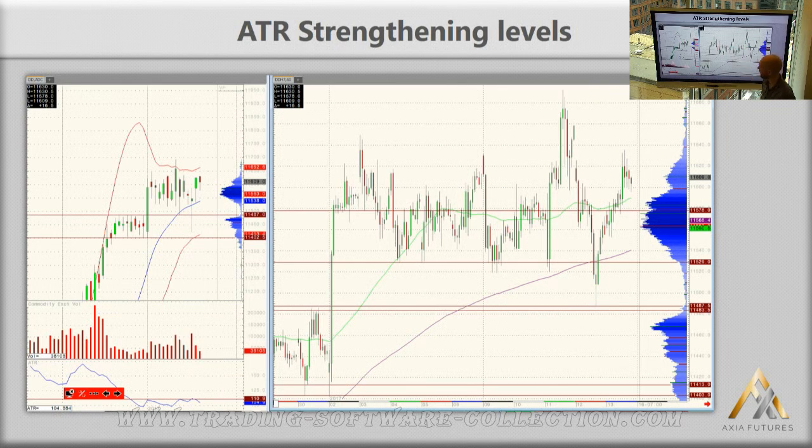Again, another example of ATR strengthening levels. This is the DAX from the beginning of 2017. ATR of around about 110 ticks. So what it does is it strengthens this level down here, because the fact that we open at 11,620, we drop down towards the bottom of the range, which comes in at 11,520.